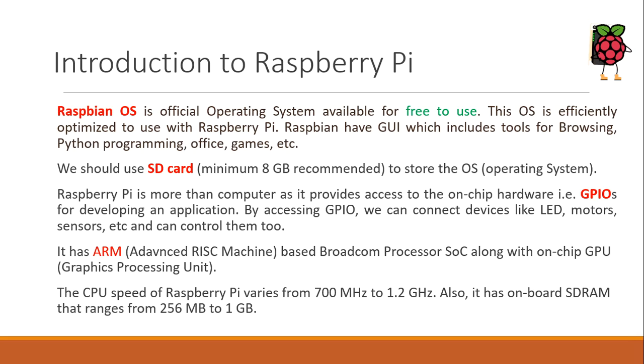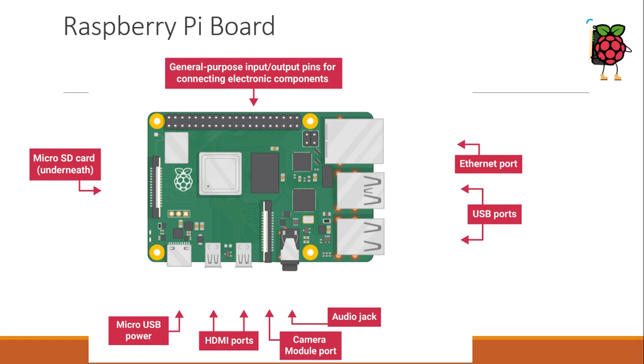Based on certain specifications, this is developed for small scale use, and being a RISC-based machine means the instructions are very limited. The clock speed of Raspberry Pi varies from 700 MHz to 1.2 GHz depending upon the type of board. There is a variety of boards available, so certain boards have lower CPU speeds and certain ones have the highest CPU speed.